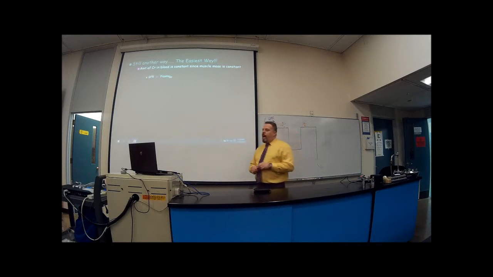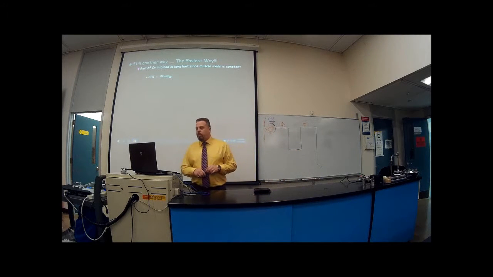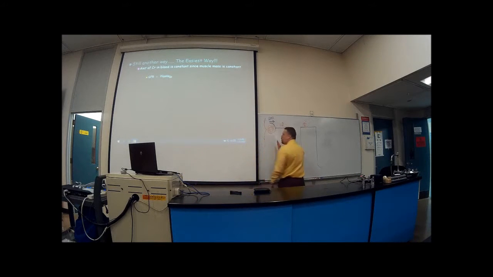If creatinine in the blood is constant, since muscle mass is constant, then we could say that we could control that. In other words, look what's happening here. If there's good flow of creatinine going through here, you're going pretty fast. That's good.